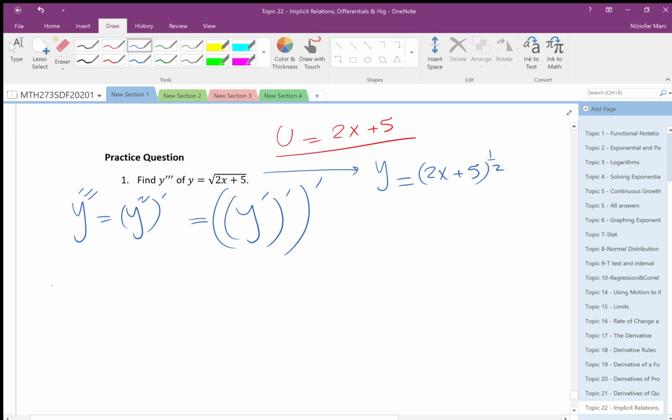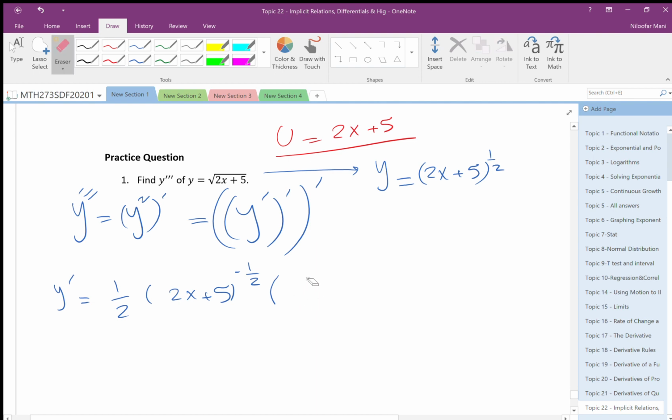Now I can do y prime. Y prime is 1 over 2 times u to the power 1 over 2 minus 1, so it's minus 1 over 2, times the derivative of the inside, which is 2.